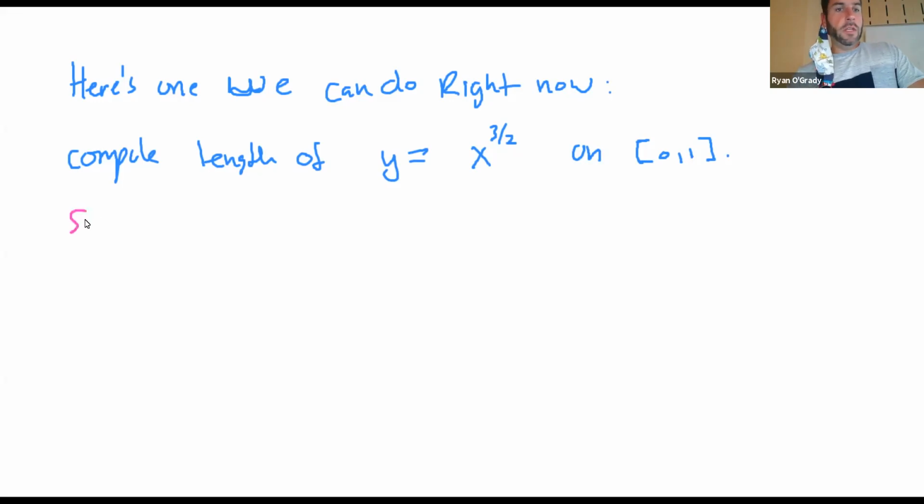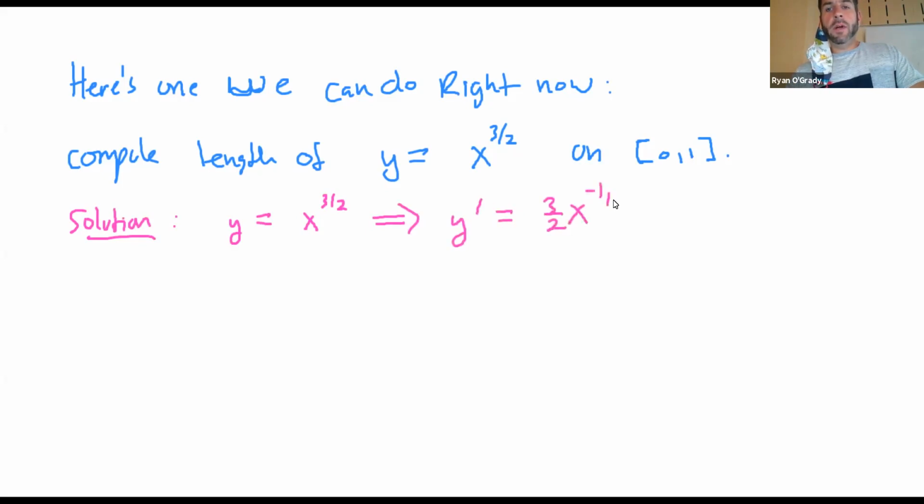So the first thing you need to notice is that y equals x to the 3/2. And that tells us right away that the derivative is 3/2 x to the -1/2. And the beauty of using the 3/2 is now when I square it, the power goes away.